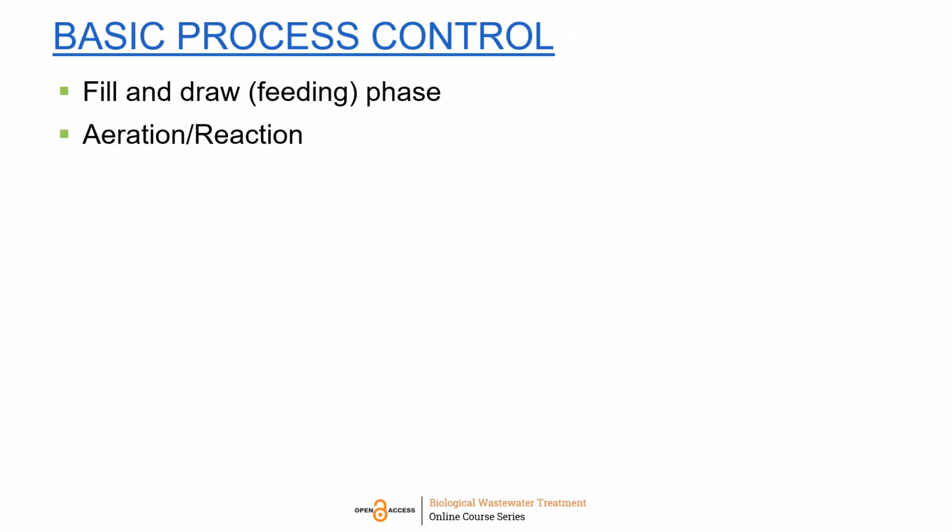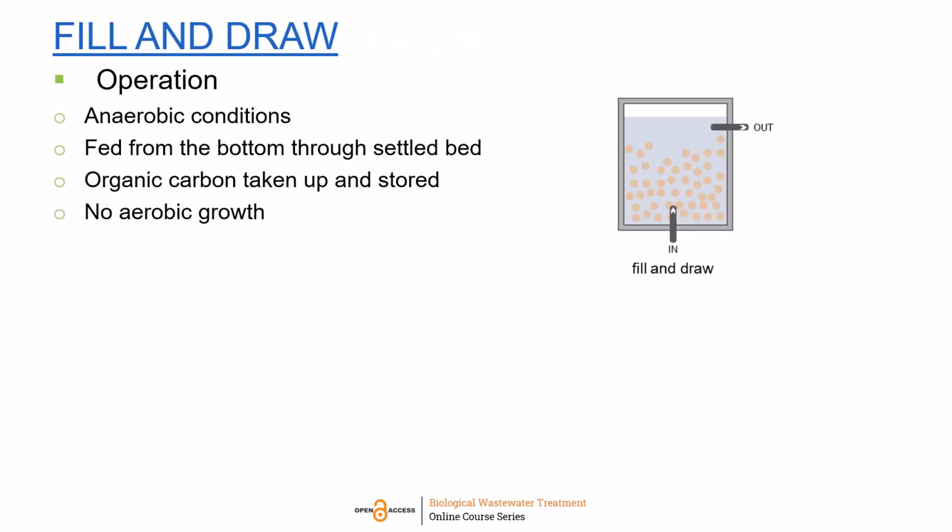In this lecture, we will have a look at more basic control aspects of the sequencing batch reactor during the fill and draw phase and during the aeration reaction phase. The fill and draw phase is characterized by anaerobic conditions. The influent is fed from the bottom through the settled sludge bed.